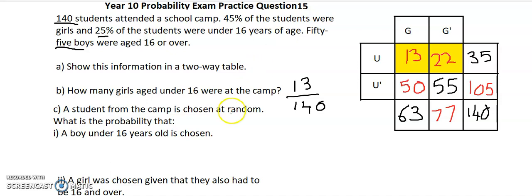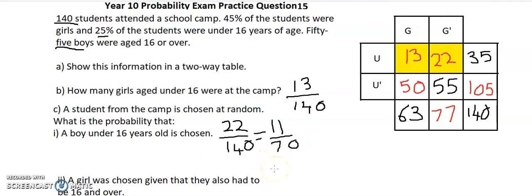So that means we've got 22 out of 140. Now I could simplify that. Straight away I'm just going to think that I can divide them both by 2. So 22 divided by 2 is 11. And 140 divided by 2 is 70.